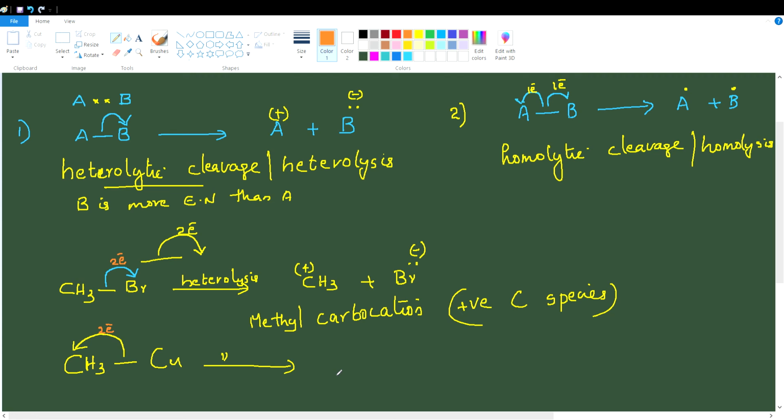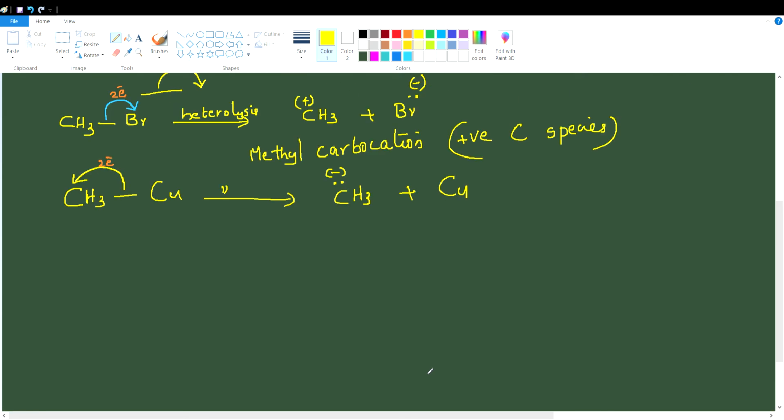This results in the formation of two fragments. One is the CH3 fragment, the other one is the copper fragment. This carbon atom gets the shared electron pair, hence this carbon atom becomes negative. Copper lost the shared electron pair, so copper becomes positive.